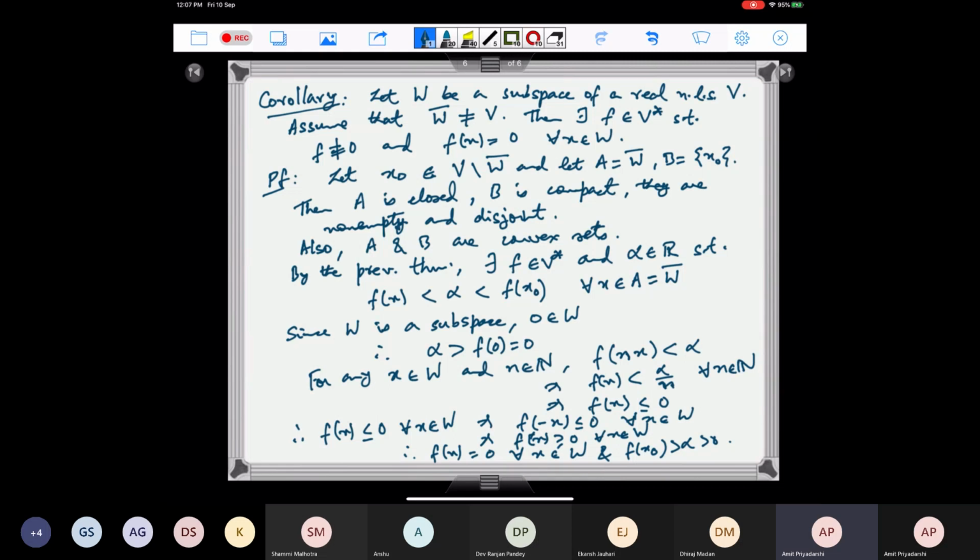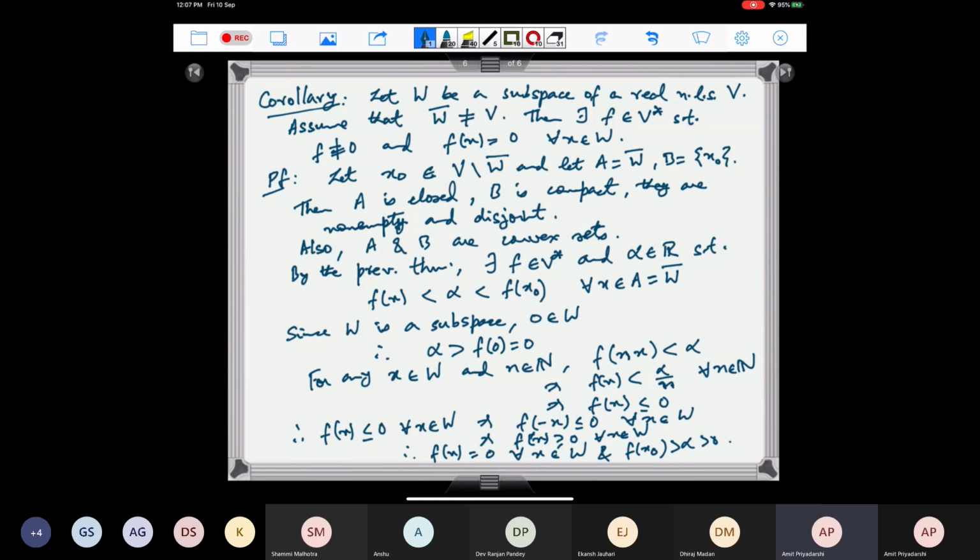I did not do that application of the Hahn-Banach extension theorem, so maybe in the tutorial I'll put that problem. If this is a closed proper subspace, then you can do it directly, because the quotient space will be a non-zero normed linear space, and then you can apply the Hahn-Banach extension theorem on that.